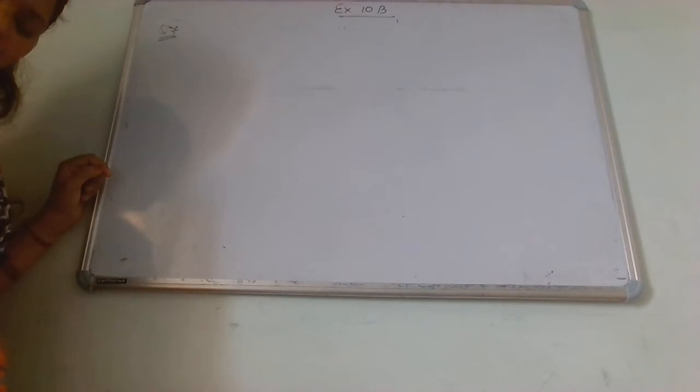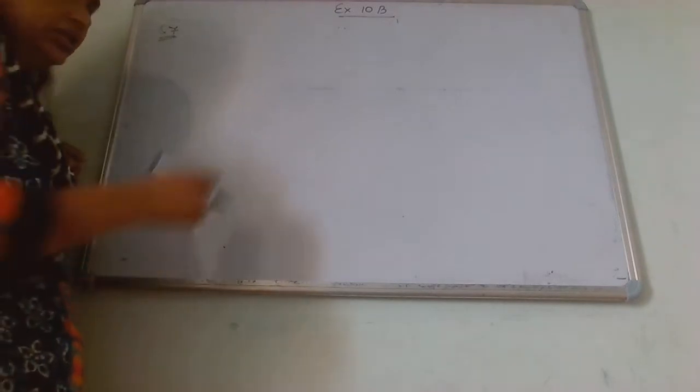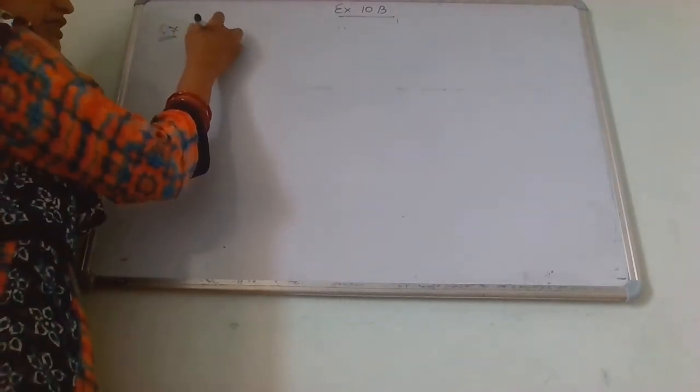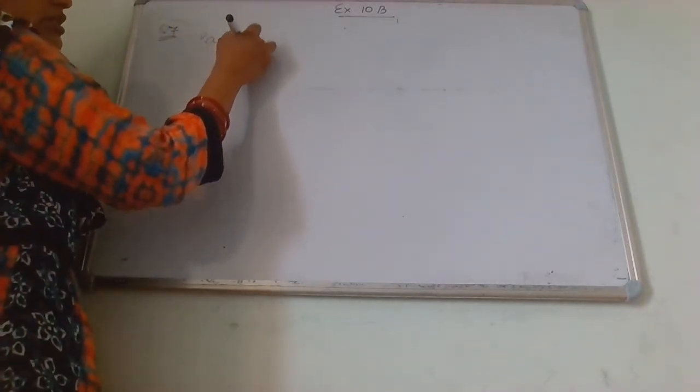Question number 7 says 36% of the maximum marks is required to pass a test. A student gets 123 marks and is declared fail by 39 marks. Find the maximum marks. So it is the passing percentage. What is the passing percentage?